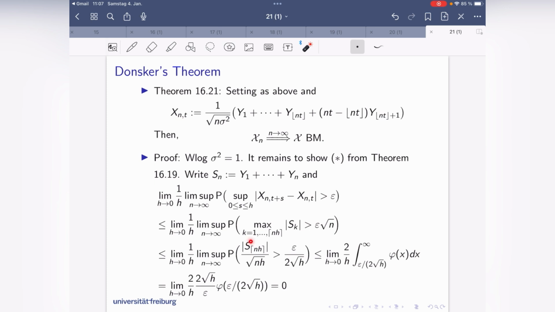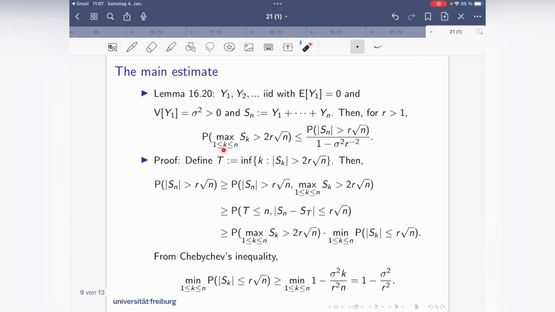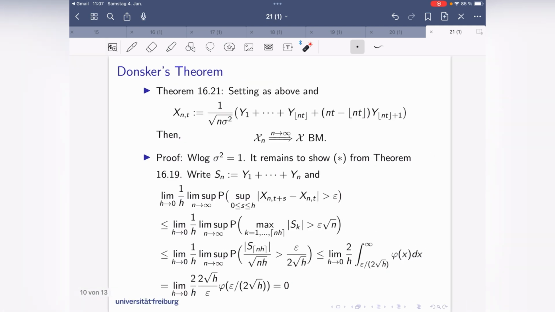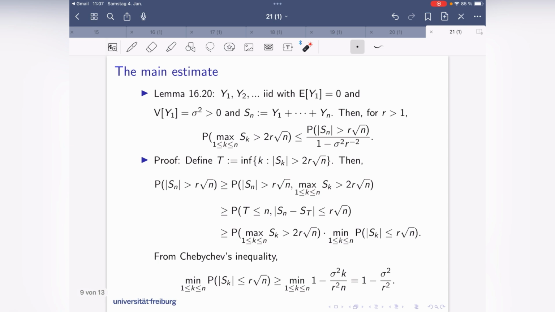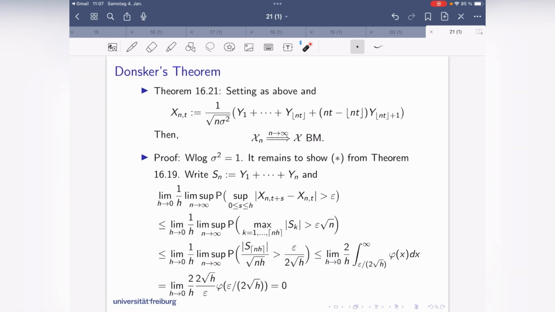So that has to be at least epsilon times the square root of n. And I can use the result from the last slide. So this 2r here is now the epsilon.